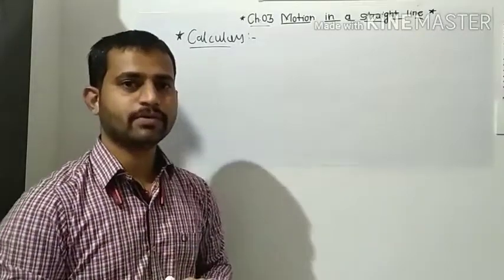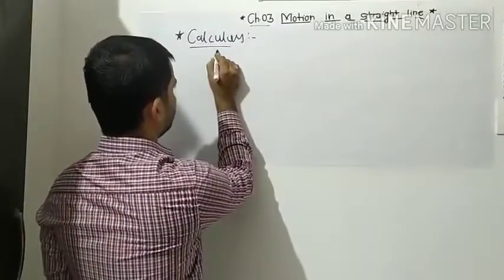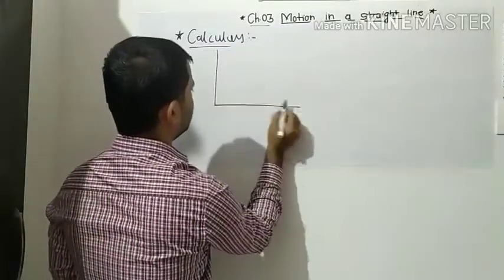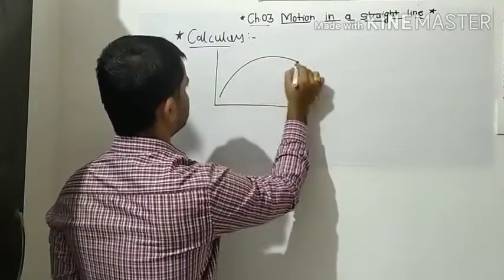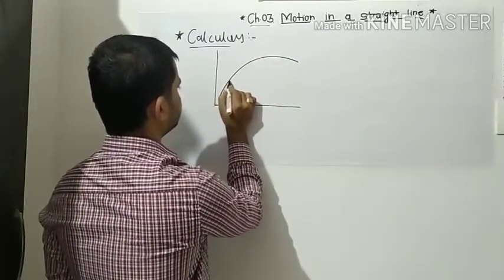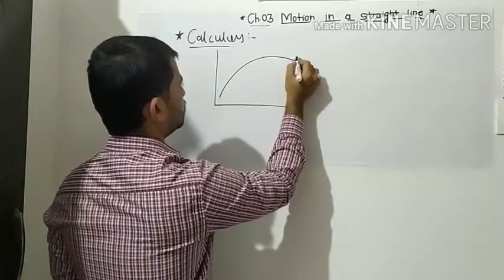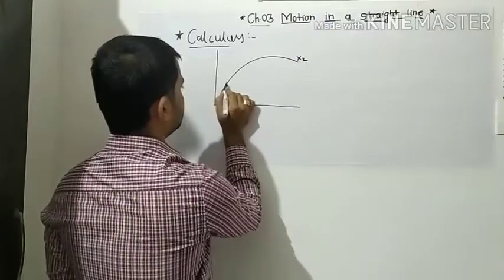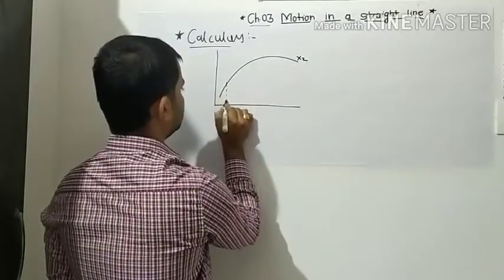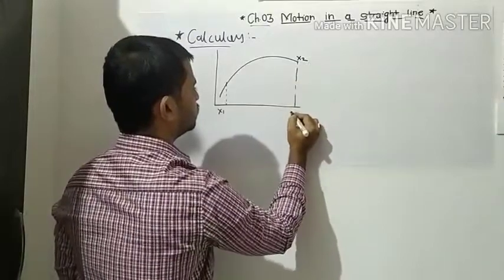For that purpose, let us draw one curve. Here this is x1 and this is x2.